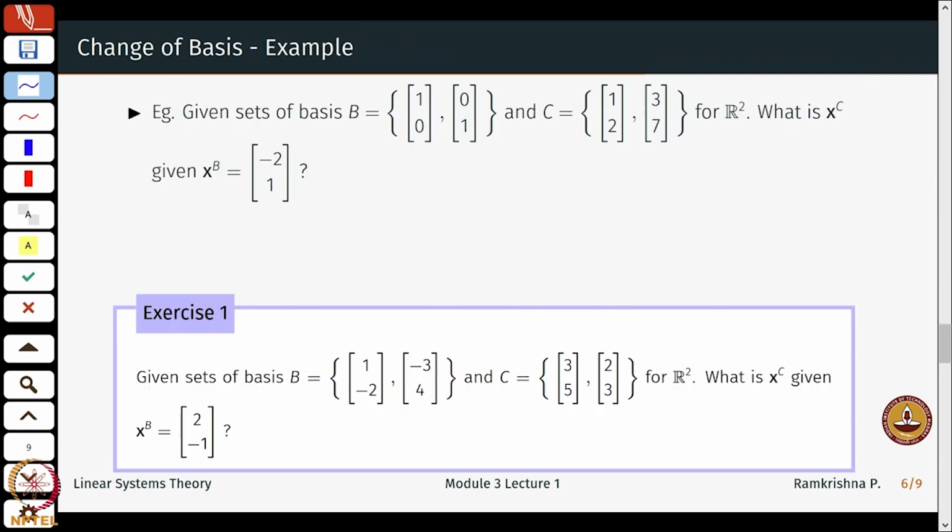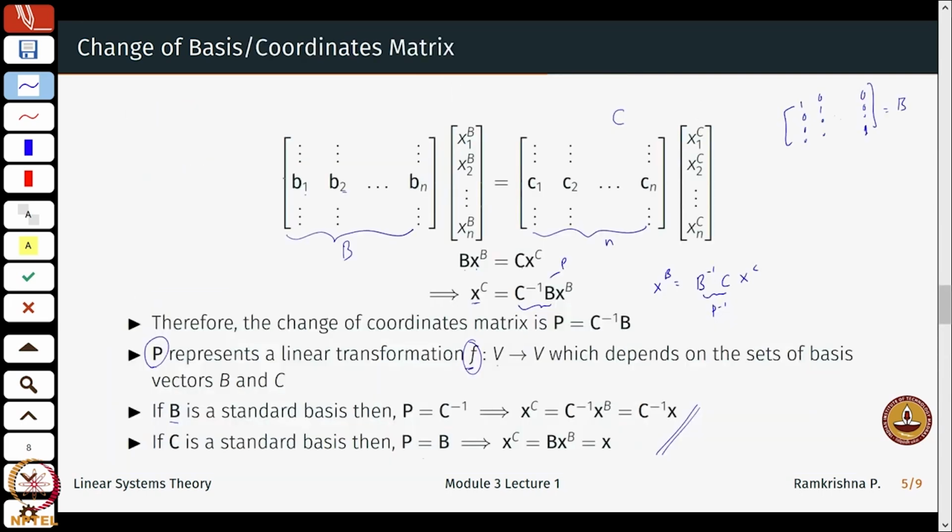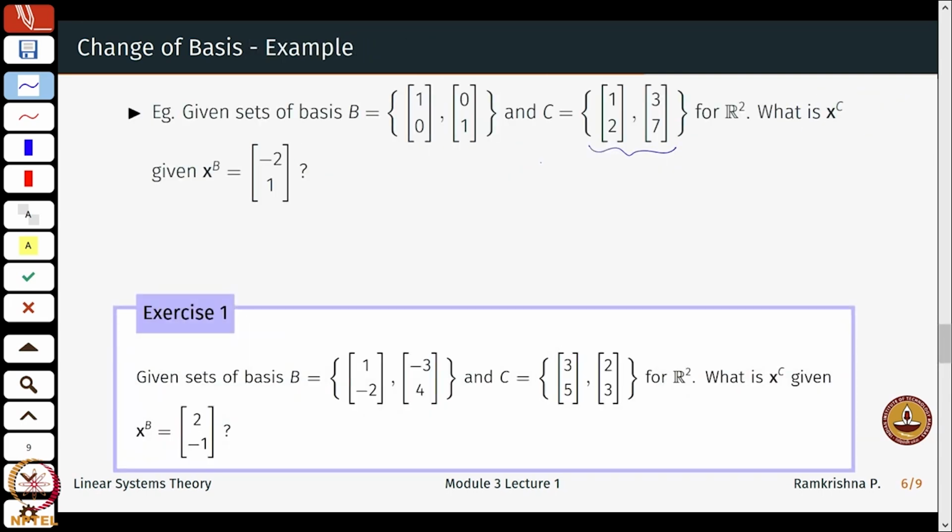Let's do a small example. This is pretty easy. The basis B is the standard basis, and C is given by this basis. You can check as a little exercise why these are bases; they are linearly independent. So what is xc when xb is minus 2 and 1? We just make use of this formula: xc is C inverse B times xb.